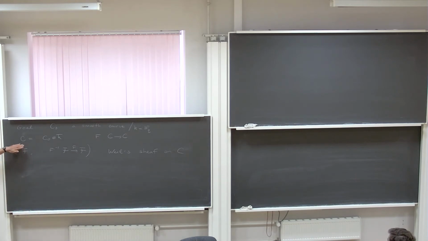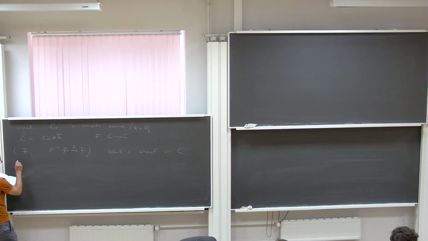As we discussed last time, a basic example of such a sheaf is just any QL sheaf lifted from C0. This is a generalization of QL sheaves on C0, a mild generalization.